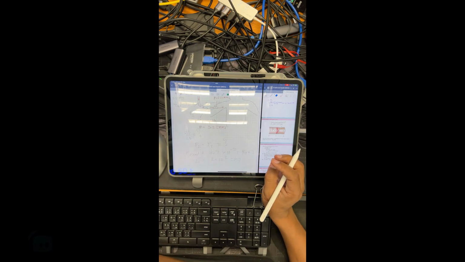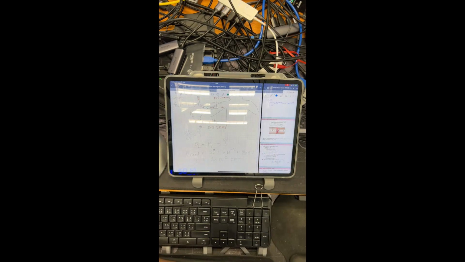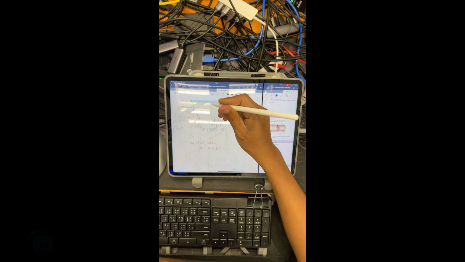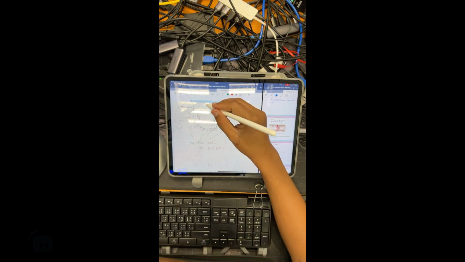But we still get stuck with P1 and P2, the pressure difference. What is the pressure difference in this scenario? Of course, you would know that from the physics you learned a couple of years ago in school.